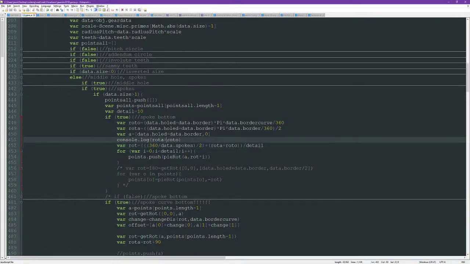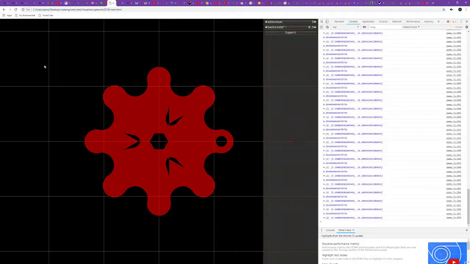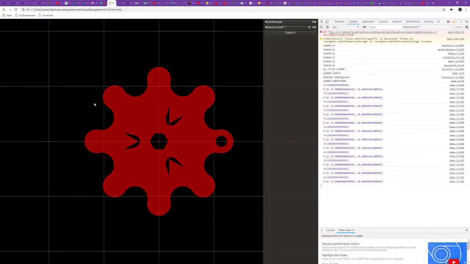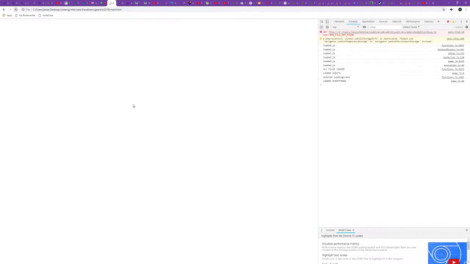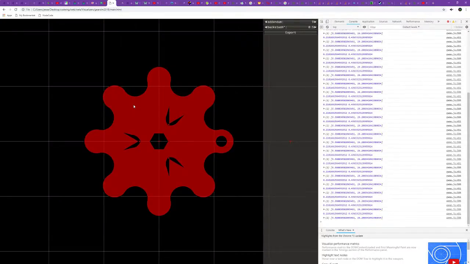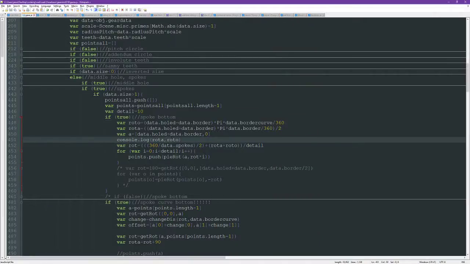Okay, that isn't right. What if I minus these? Okay, what are these individually? 5 and 19. I mean, what? 0.2, 0.4. That isn't right. I feel like that's supposed to be 180.